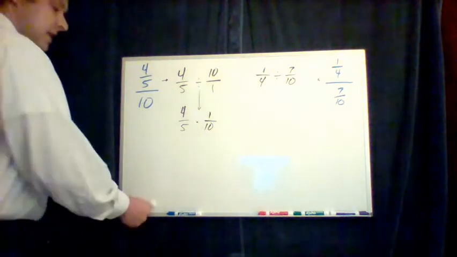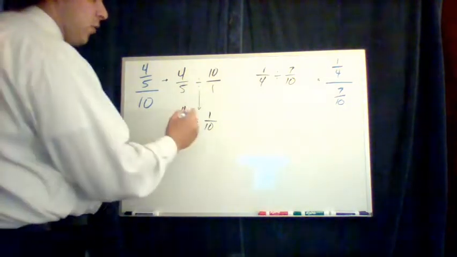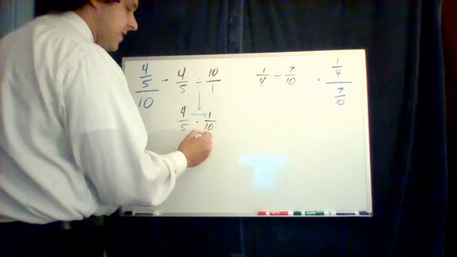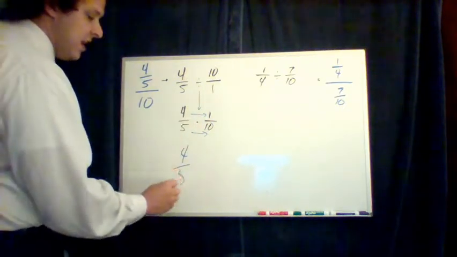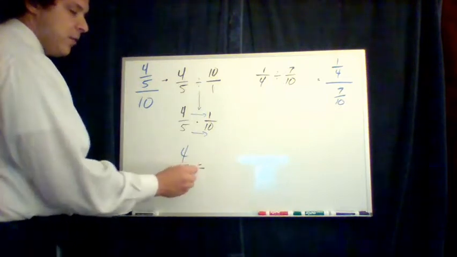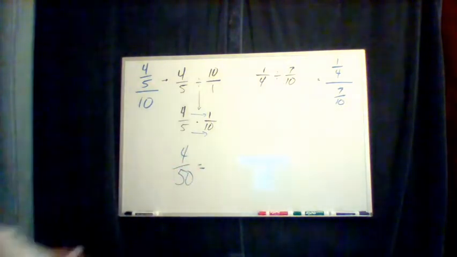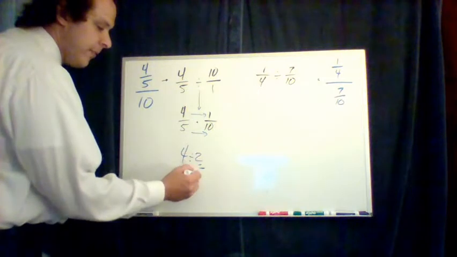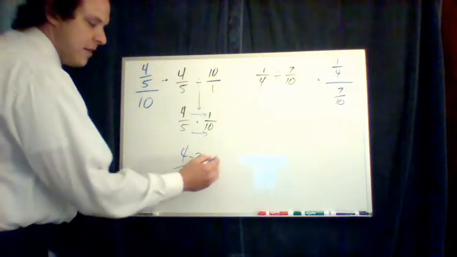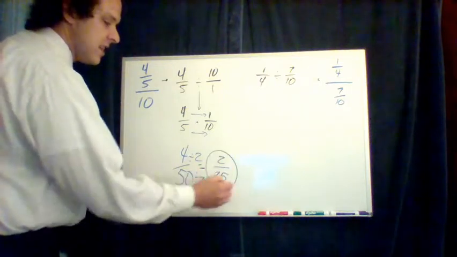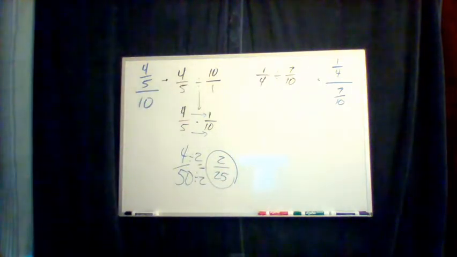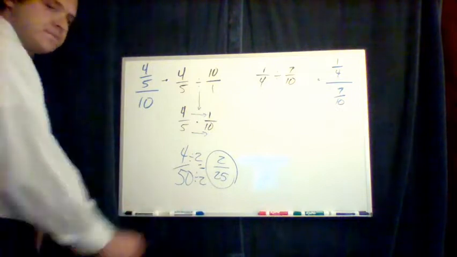All right, now what we need to do is just times straight across. 4 times 1, 5 times 10. 4 times 1 is 4. 5 times 10 is 50. 4 over 50 we can reduce. I think both numbers can be divided by 2. 4 divided by 2 is a 2. 50 divided by 2 is 25. Looks like this fraction is 2/25.